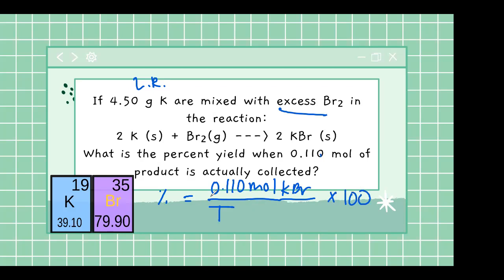So in order to get the theoretical value, we have to use that 4.50 grams of potassium, right? 4.50 grams of K. We want what unit in KBr?